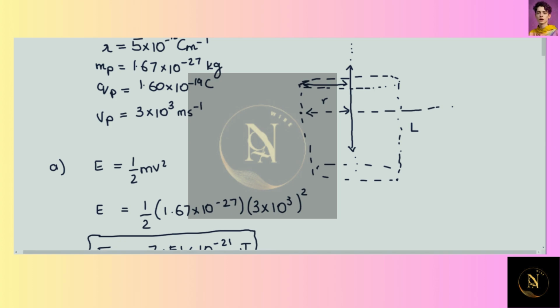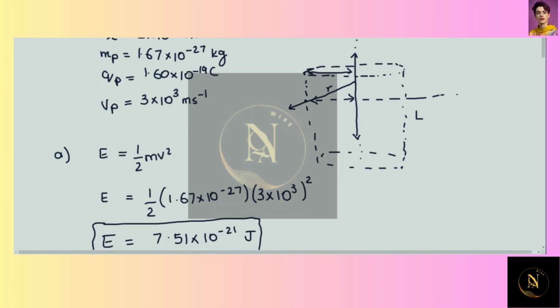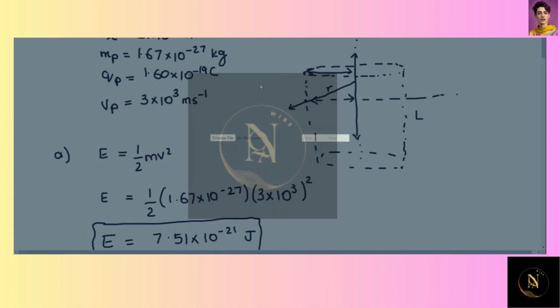So we can enclose it in a cylinder of radius r, and let the cylinder have the length L. Now since the line is infinitely long, the electric field is directed radially outwards from the cylinder.